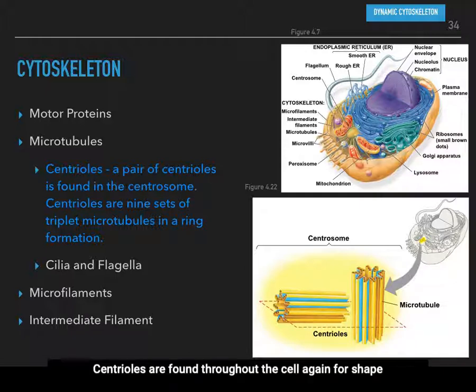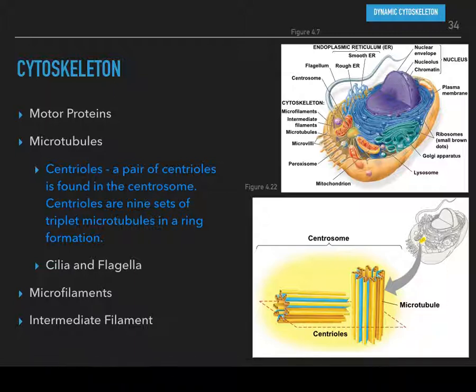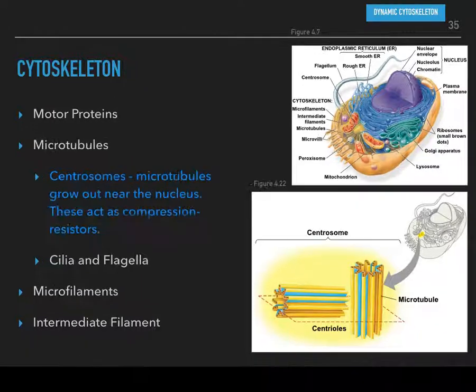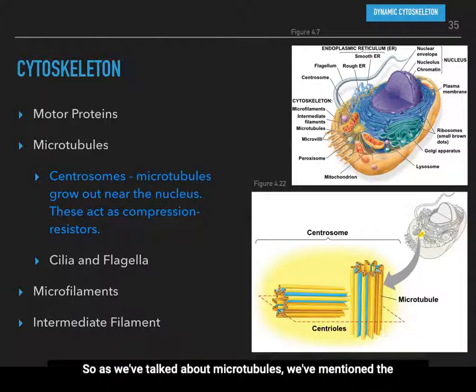Centrioles are found throughout the cell, again for shape and support. There is a pair of centrioles found in the centrosome. Centrioles are 9 sets of triplet microtubules in a ring formation. The centrioles are shown in the image on the bottom right. So as we've talked about microtubules, we've mentioned the centrioles.